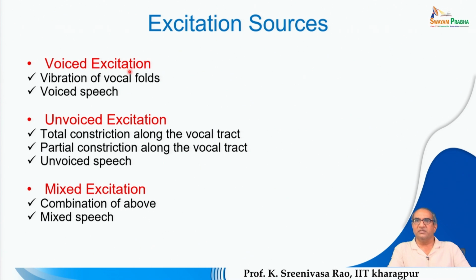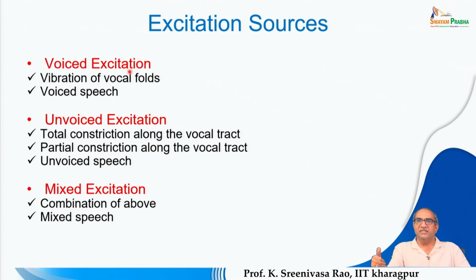Voiced excitation means the release, or exhalation, of air is controlled by the vibration of the vocal folds, which are located at the larynx. Vibration means they open and close periodically. So instead of a free flow of air, it is transformed into a sequence of narrow pulses.